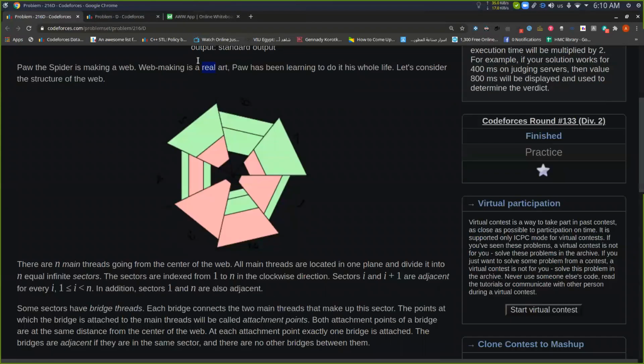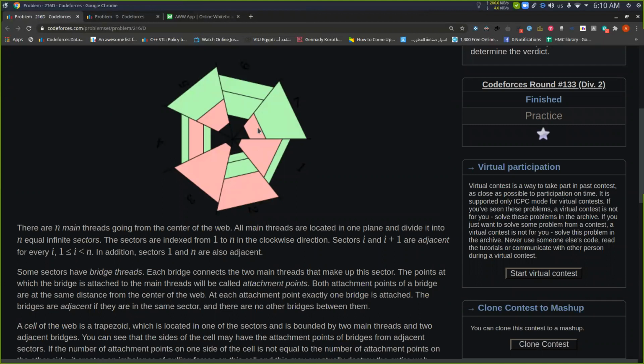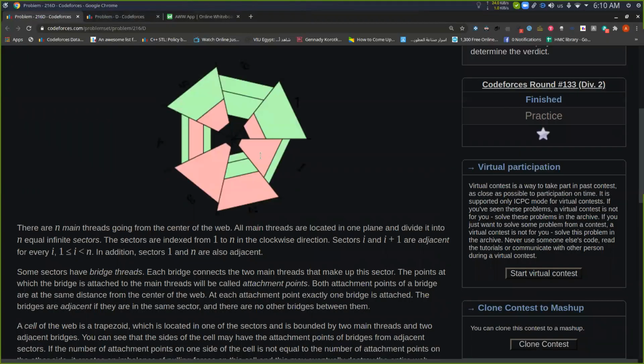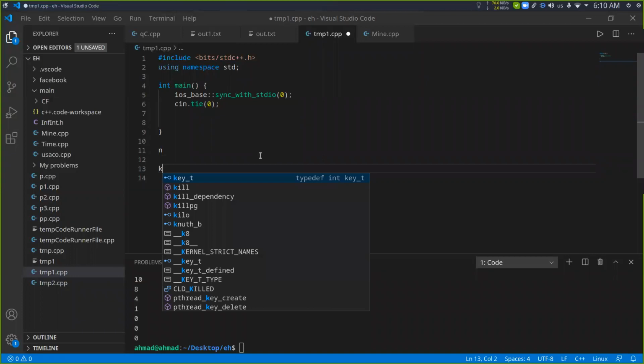Okay. So here, as I said, we're going to loop over every cell and then see how we could check that. So let's see. For every cell, we are given n, which is the number of sectors, and then n lines, and for each sector we are given k, which is the number of bridges.